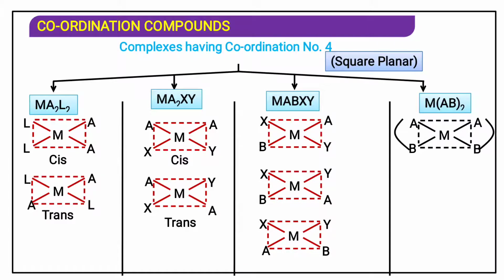So this AB is a bidentate ligand. For the bidentate ligand, this configuration is a cis configuration, and for the trans configuration we will just be reversing.